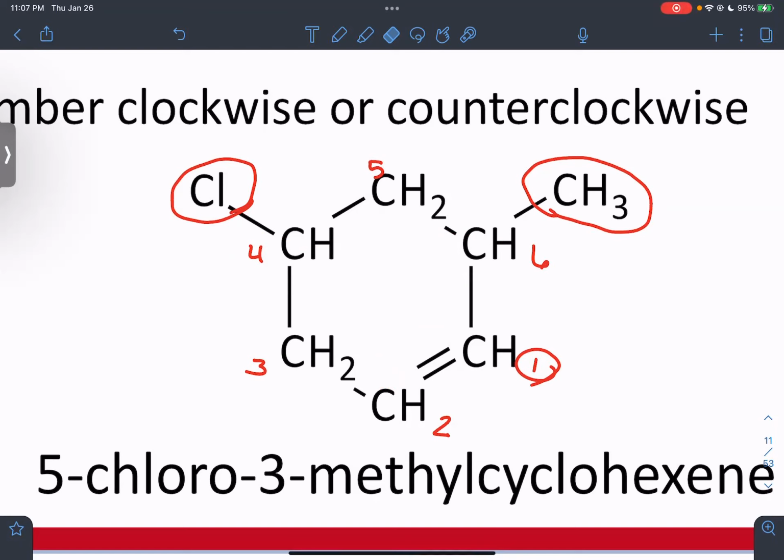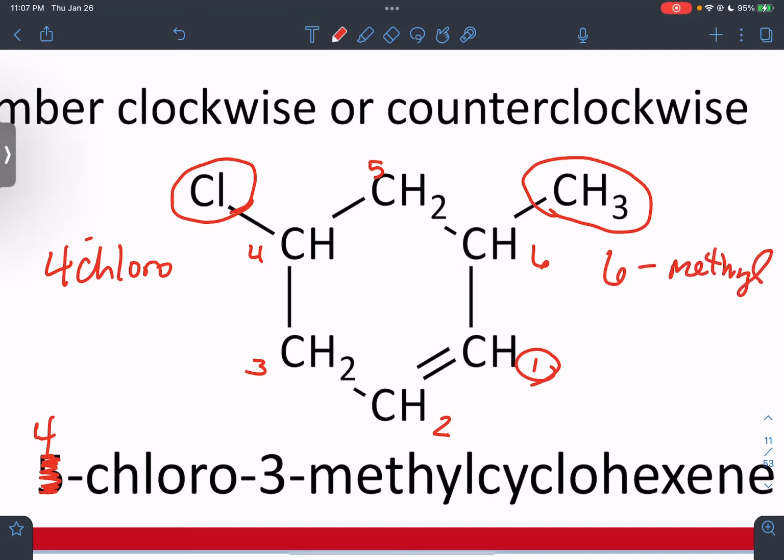So when we talk about this, why does that say 5? 1, 2, no, it's a 4. Absolutely. Okay, so as we go around our ring, we have a 4-chloro, and then coming off of carbon 6, we have a 6-methyl, right?